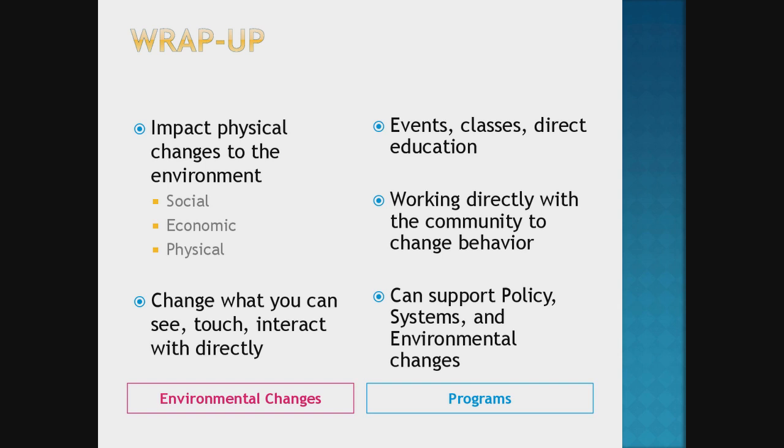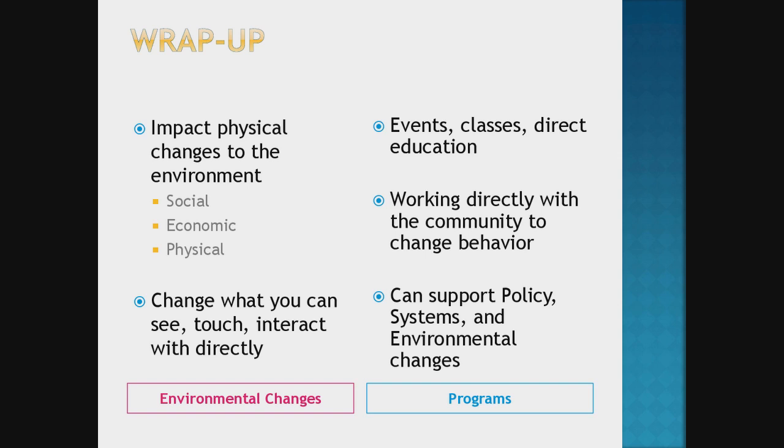And then lastly, moving on to programs, we stated that programs are things like events, classes, or direct education that involve working directly with the community to change behaviors or knowledge. Things like health fairs, exercise classes, recycling events, or other one-time or limited events would qualify as programs.